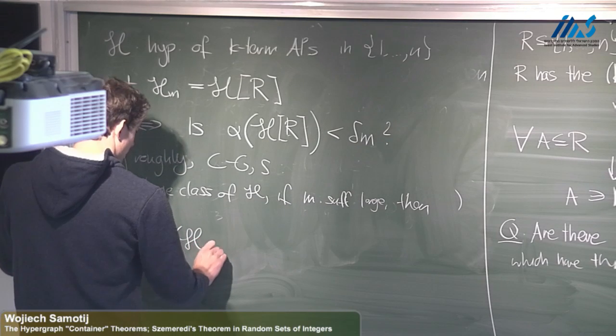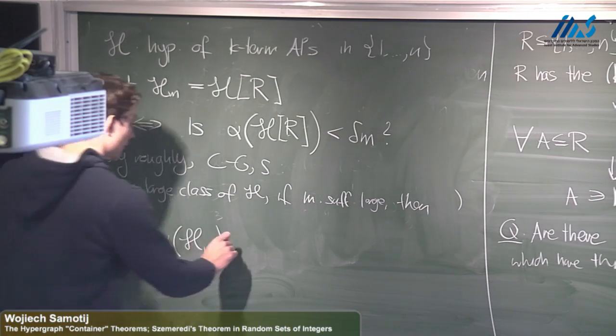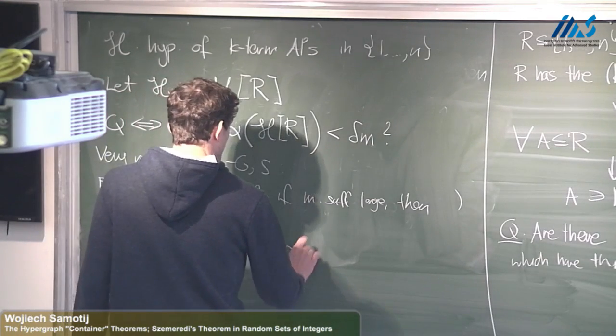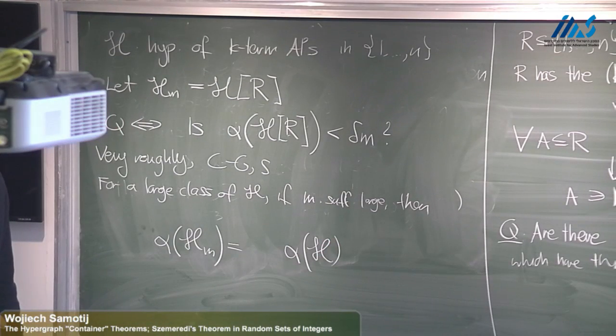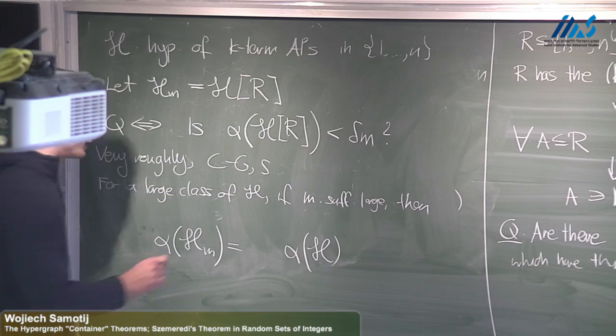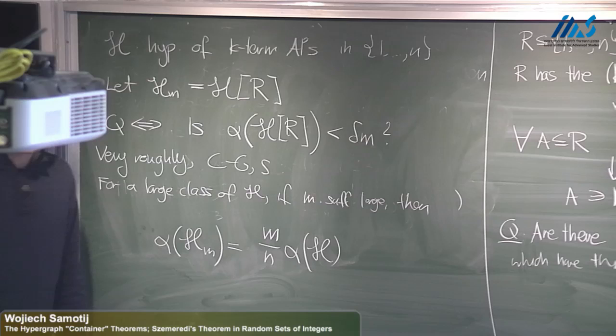Meaning, if I look at the independence number alpha of H_R, let's take the maximum independent set in H itself, then typically m out of n of its elements will survive.